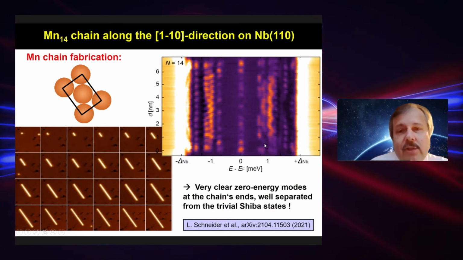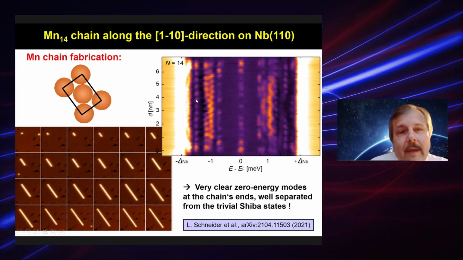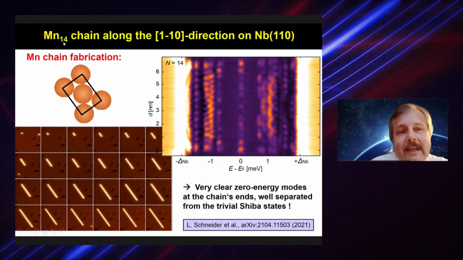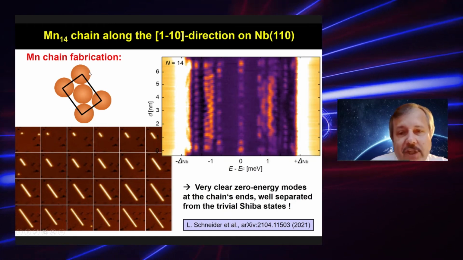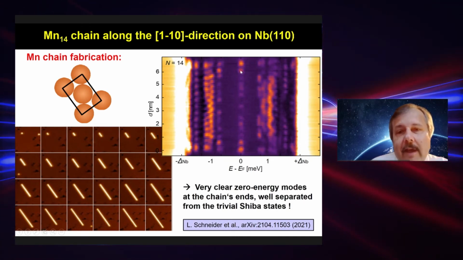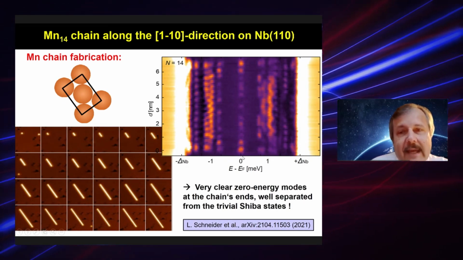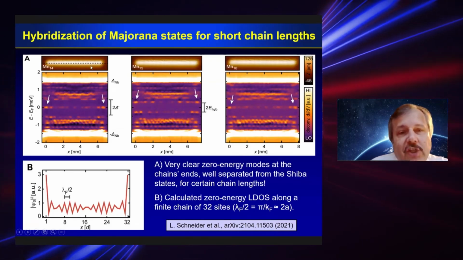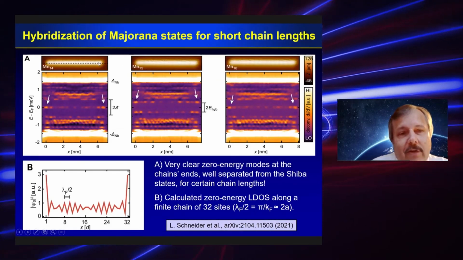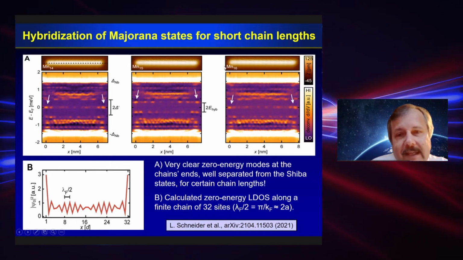This is extremely important. However, here it's only a 14 atom chain, and we might, of course, consider hybridization effects of the Majorana states. And indeed, we can see this clearly if we change the length of the chain, going from 14 to 15 to 16 atoms.